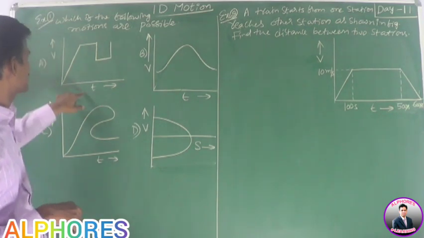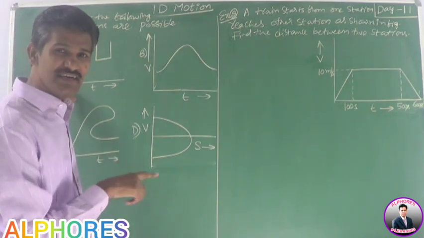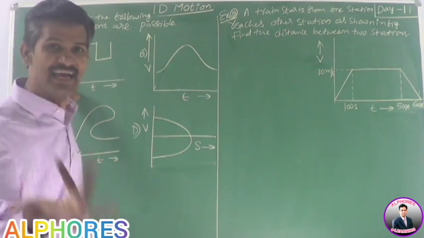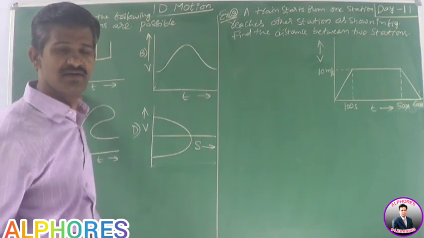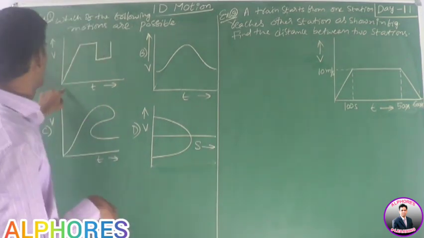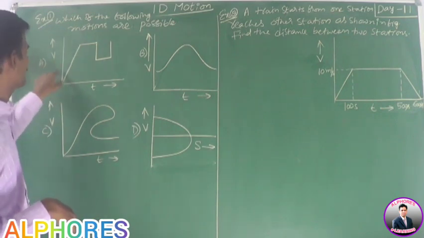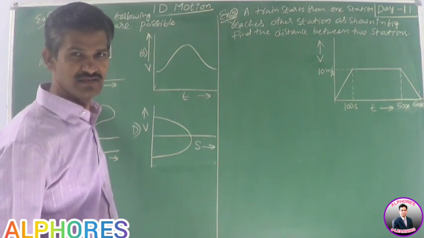This is a velocity time graph. We have to check whether this motion is possible or not in real life. This may be possible in an imaginary case, but is it possible in real life or not? We have to check that. If you consider this velocity time graph, the slope of the velocity time graph gives acceleration.